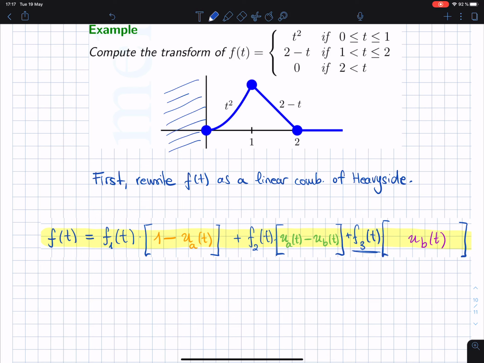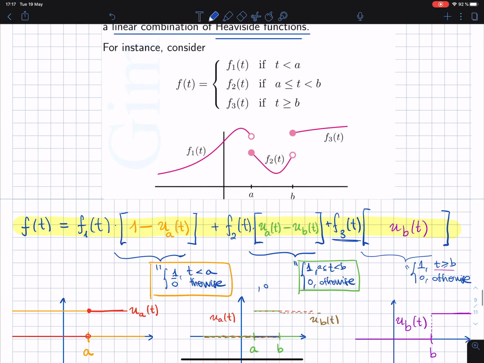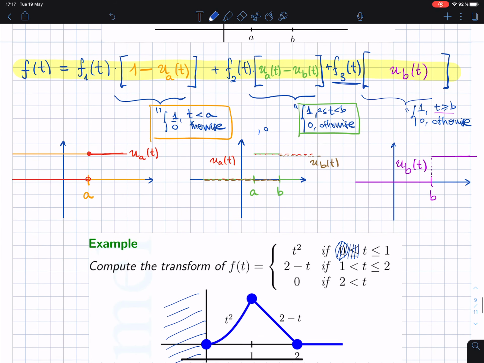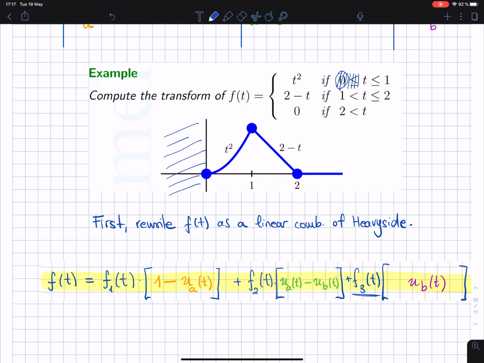So if it's easier for you, you can think that the function is defined like this: for t smaller or equal than 1, it is t squared. So this would be our first case, equal to the first case we had.